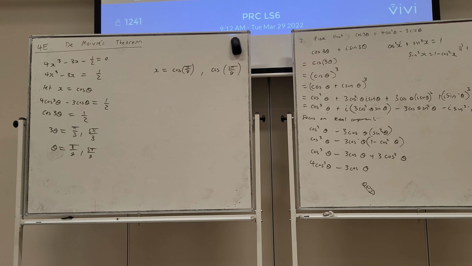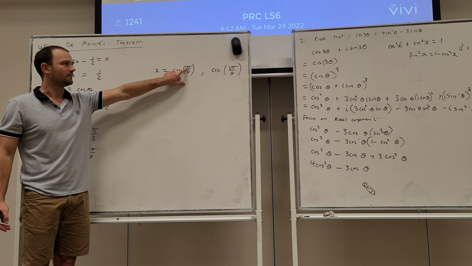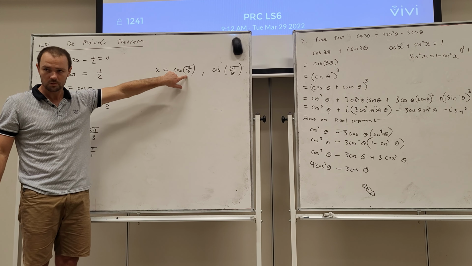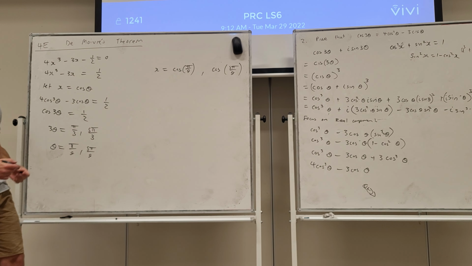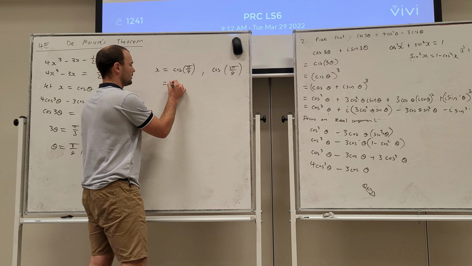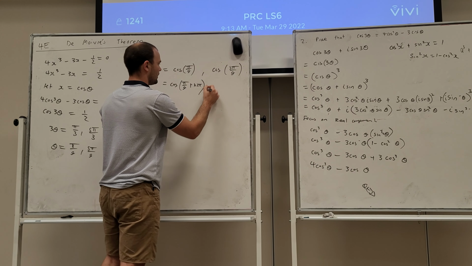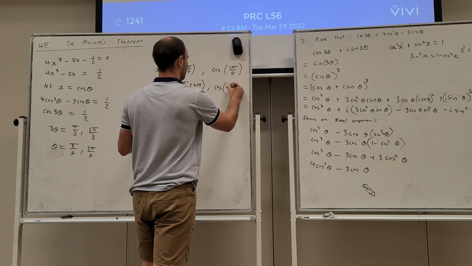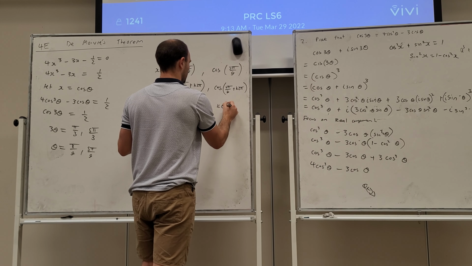And because cosine is cyclic, that is, it repeats itself, if we've got pi on 9 and we'll have 19 pi on 9, and then the next one, they are all also going to be solutions to this. So we do need to include the multiple solutions here. So we'll go cos of pi on 9 plus k2 pi, and cos of 5 pi on 9 plus k2 pi. K is an integer.